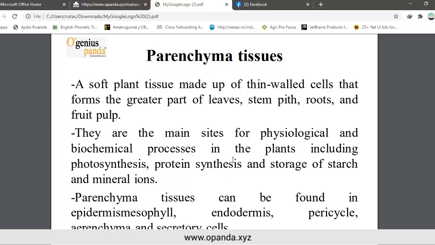They are the many sites for physiological and biochemical processes in plants, including photosynthesis, protein synthesis, and storage of starch and mineral ions. Parenchyma tissues can be found in epidermis, mesophyll, endodermis, pericycle, parenchyma, and secretory cells.